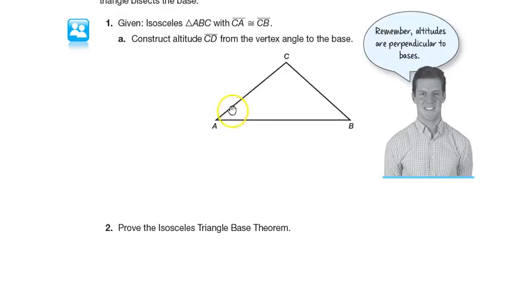So you can write 1 plus 2 equals A, 3 plus 4 equals B, therefore A equals B. Since 1 equals 2, we can say 2 plus 2, and since 3 equals 4, 4 plus 4. So 2 times the measure of angle 2 is equal to 2 times the measure of angle 4. Divide both by 2, and you'll show that angle 2, this bisected angle over here, is congruent to angle 4, this bisected angle over here.